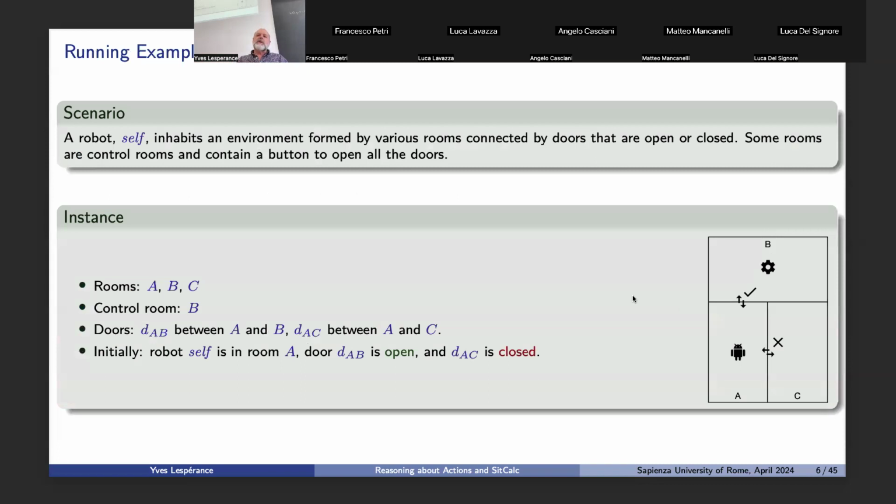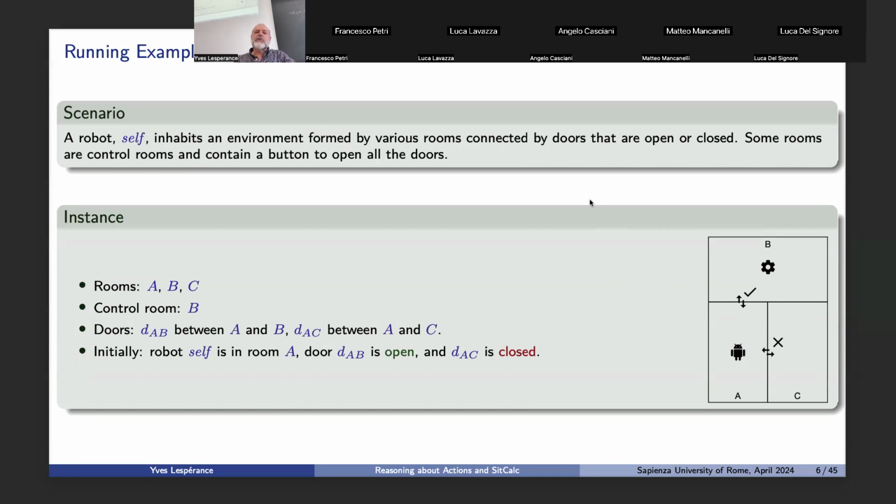To illustrate why we want to do reasoning about action, let's look at a running example. Suppose we have a robot, we'll call it Self, that lives in an environment with various rooms connected by doors, and the doors can be open or closed.